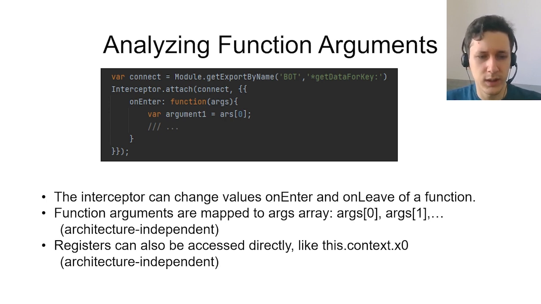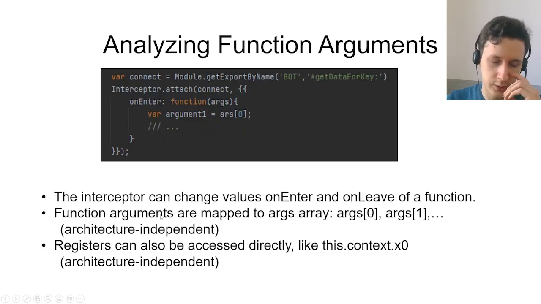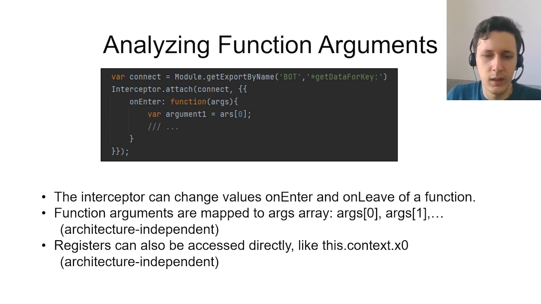Additionally, the same handlers can access function arguments, and they are mapped into the args array with args[0], args[1], and so on, being mapped into the argument registers inside of the process.